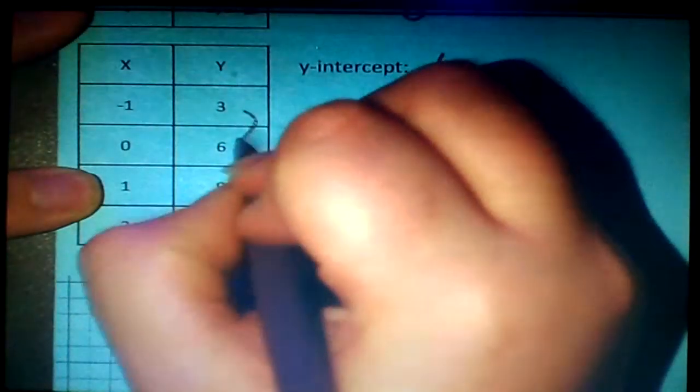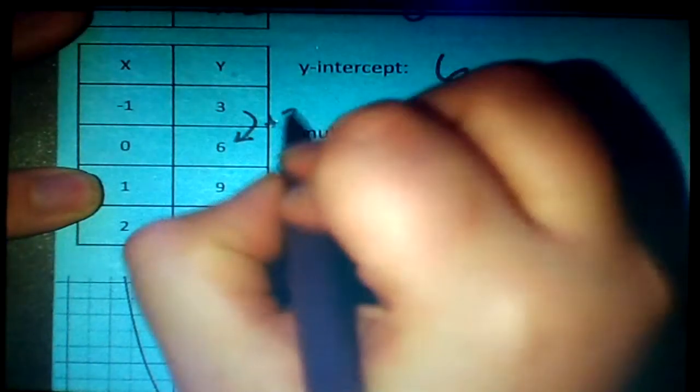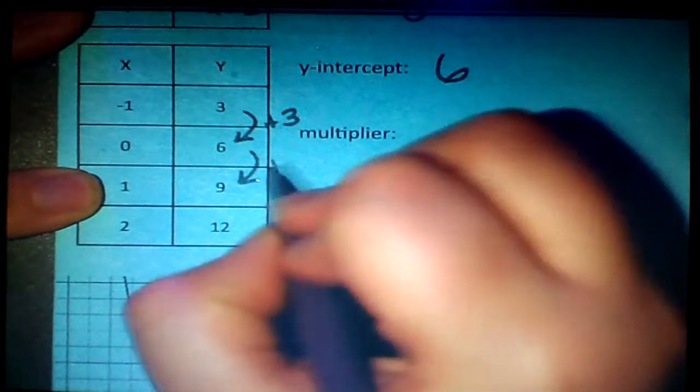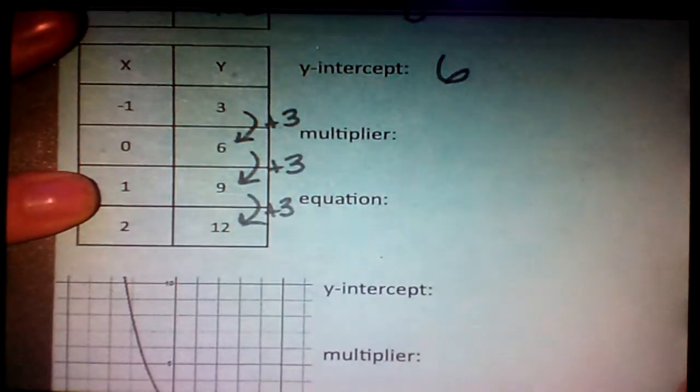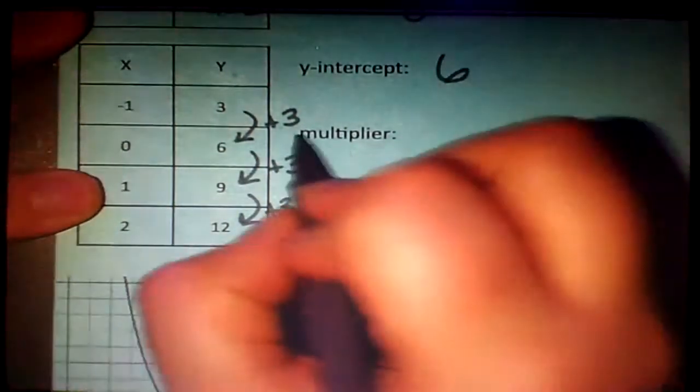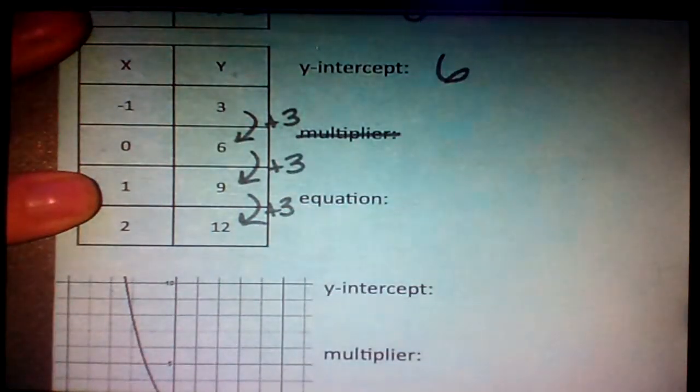So we've got a problem. This is not exponential. This is linear. So I don't have a multiplier. So why don't I have addition?